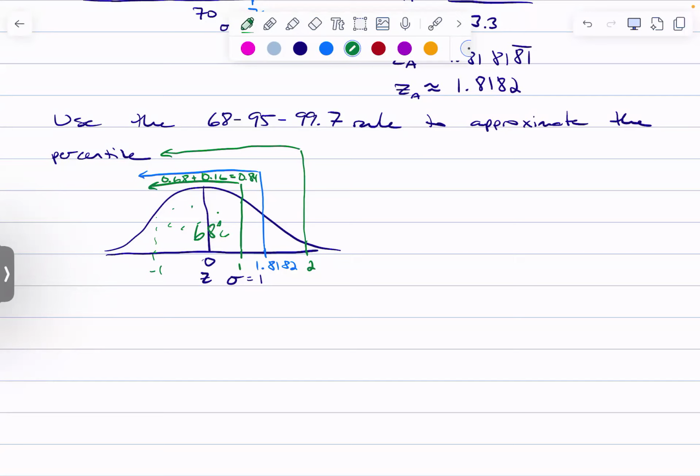So now I have 97.5, and so I have 0.95 plus 0.025 is 0.975. This is a better estimate for the percentile than the one previously. It was quite wide. It's still not great though. It's between 0.84 and 0.975, and so we can do a little bit better.